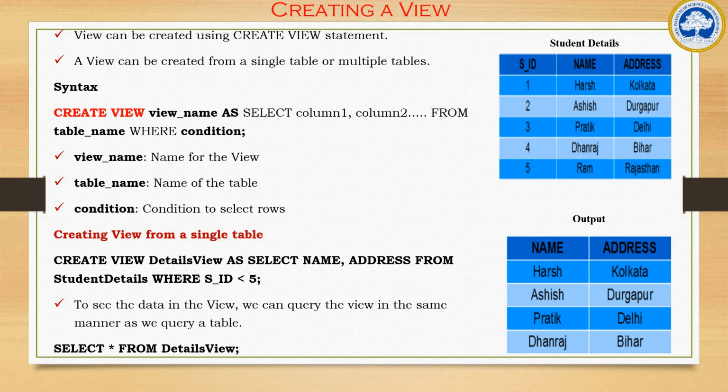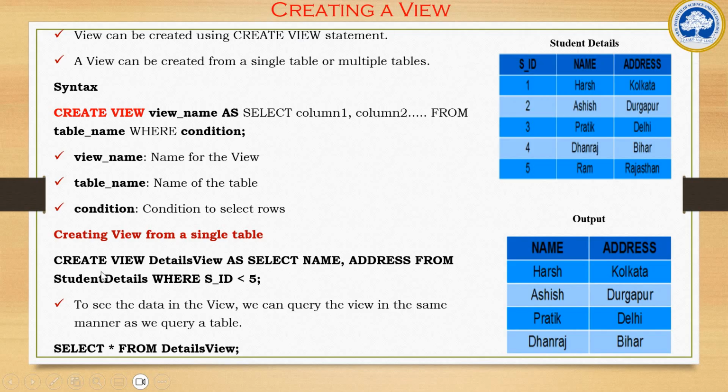Now this is our original table. Assume it's student details, with 5 records and 2 columns. Now I'm creating a view from this single table only.